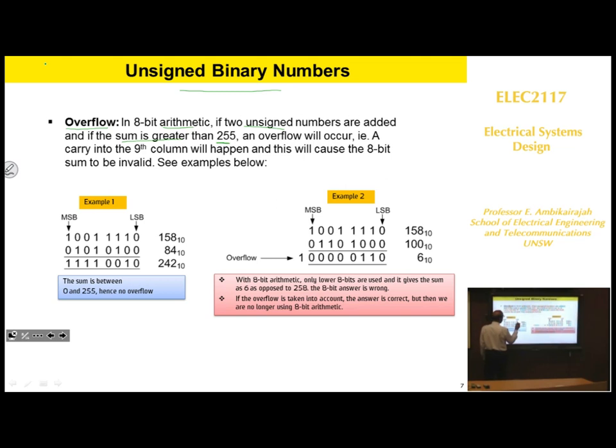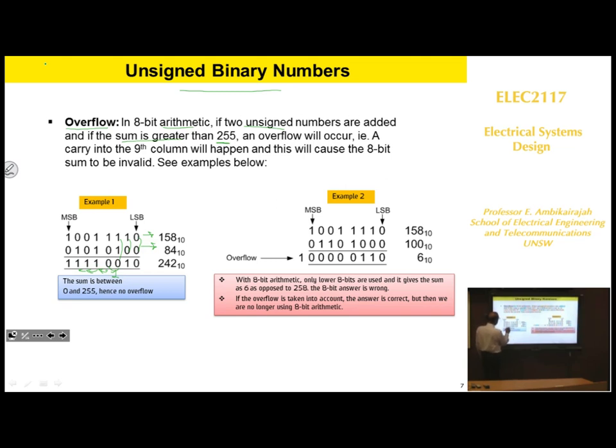Let's look at it. In this question, we've got two numbers: 158 and 84. We add them using the binary arithmetic that we have done earlier. So 0, then 1, 1, 0 this way. That's carry 1, 1 and 1, 0. Then another carry 1 here, and carry 1.